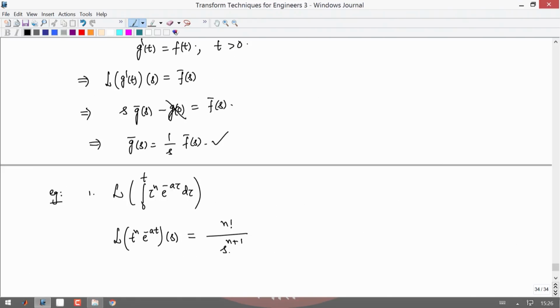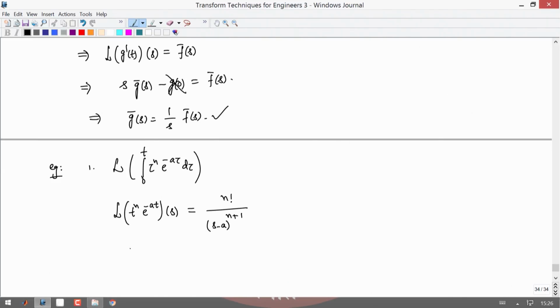Once you multiply by the exponential, you have to replace s by s minus a. Since this is the case, the Laplace transform of the integral from 0 to t of tau power n e power minus a tau d tau is 1 by s times n factorial, the Laplace transform of the function inside the integrand, divided by s minus a power n plus 1.